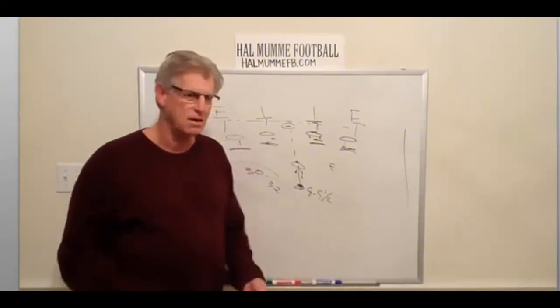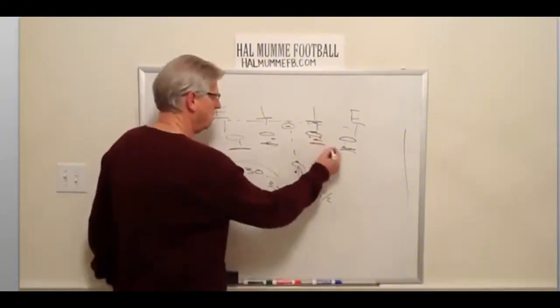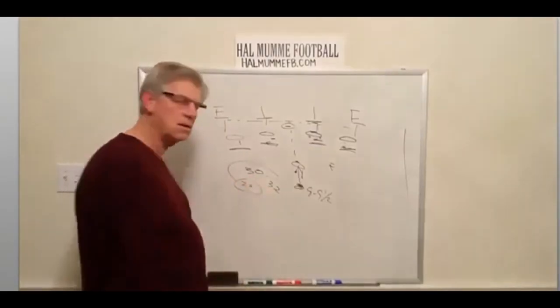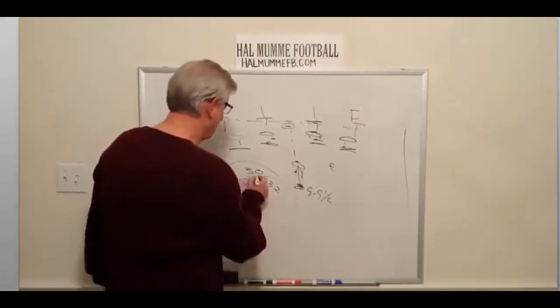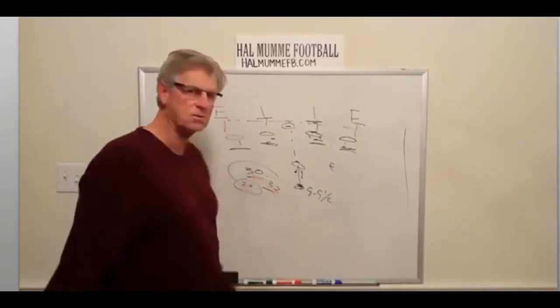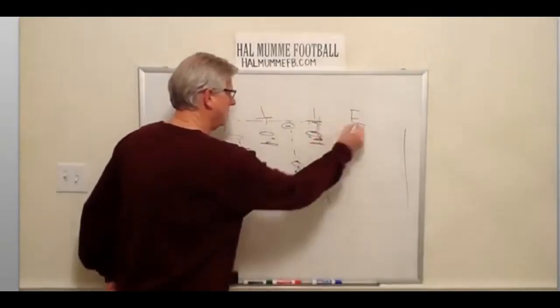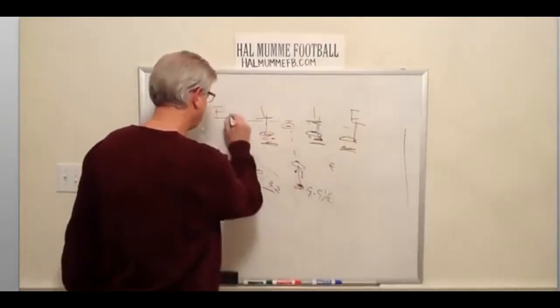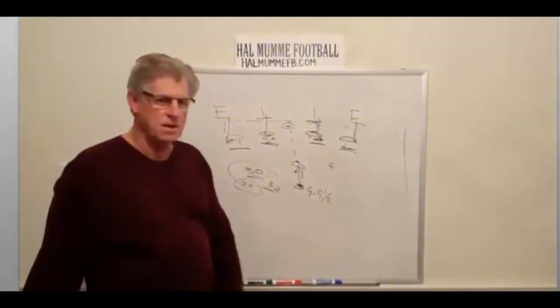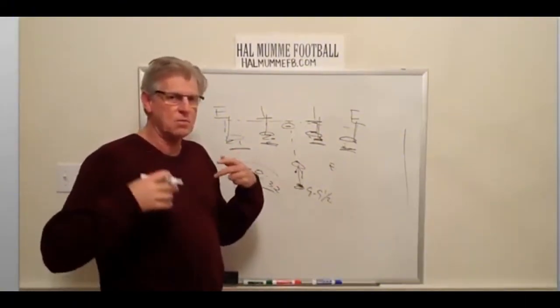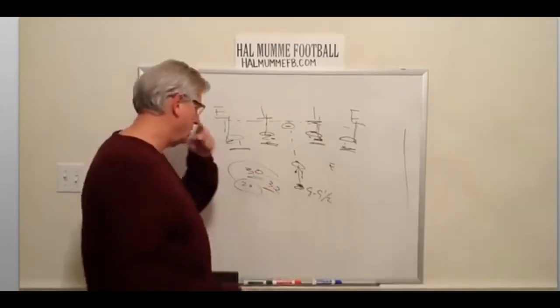You have to actually block somebody. So at that point, we've probably covered about 2 seconds just by our alignment, our drop. Now we've got to win the battle for about 1 second to 1.5 seconds theoretically. And they get into us here. You've got to win that battle. So that's the way the air raid would vertically set and the way we would take people on.